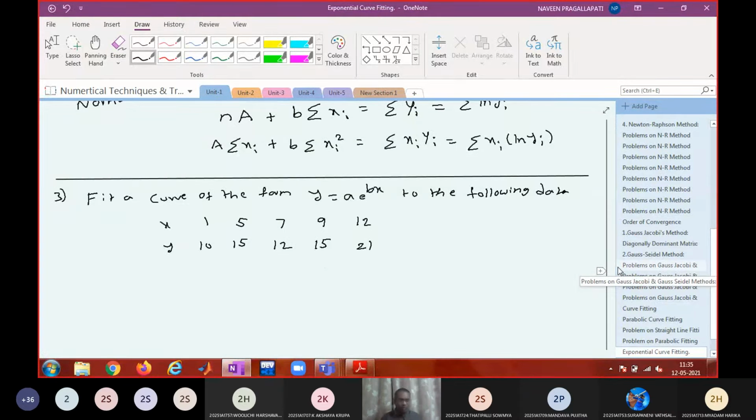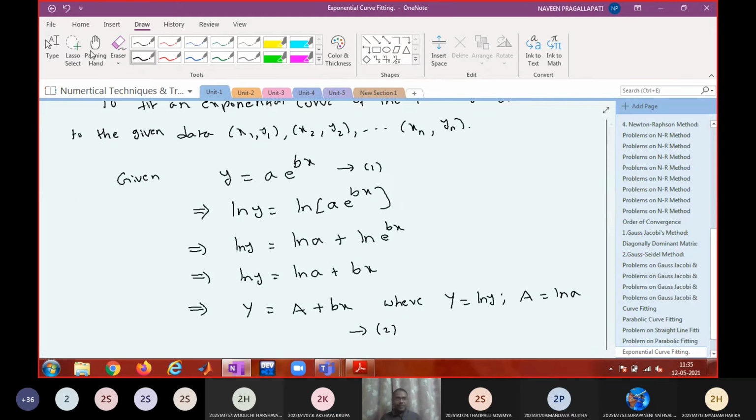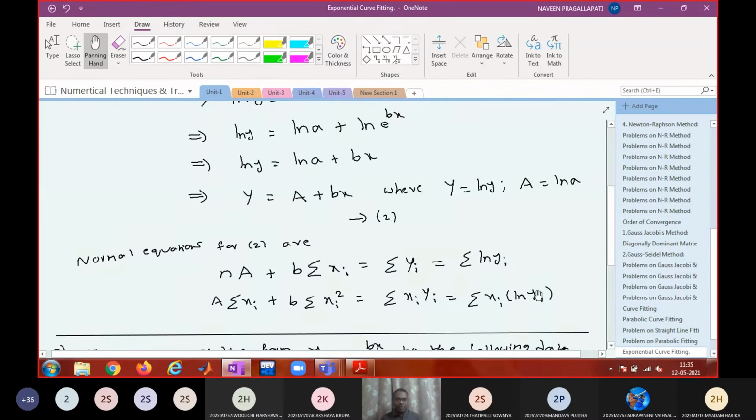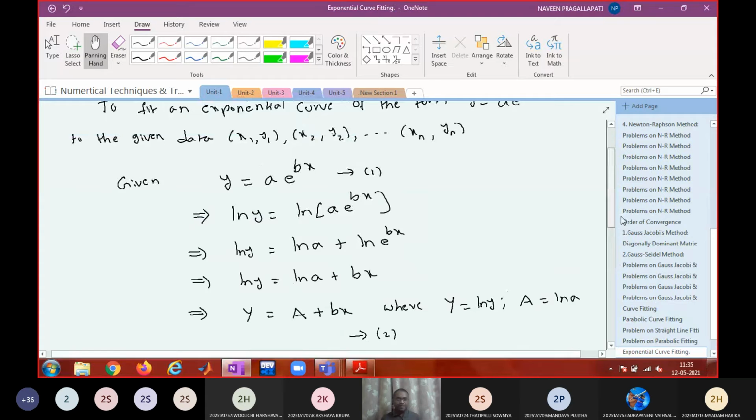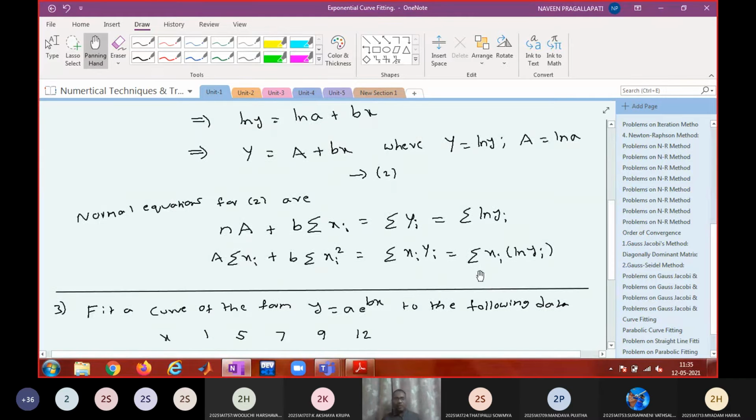So what you do first, you write this derivation. You copy and paste this entire thing in your solution, starting from here up to this. Then write down the columns. Then prepare the columns.